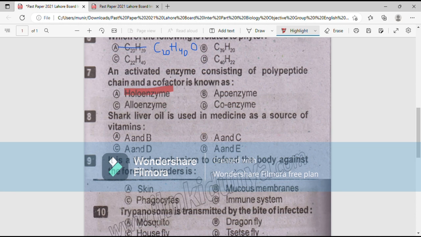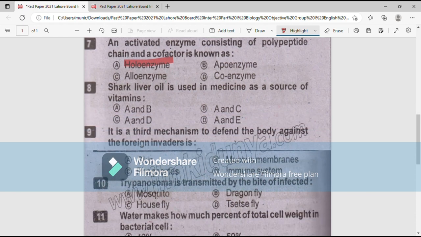The third option is alloenzyme. Alloenzyme is simply any enzyme that has a high level of evolutionary conservation, so it is also not correct. And coenzyme is simply the non-protein part that is required by the enzyme to carry out its activity, so it is also not correct. So the correct option is A, holoenzyme.